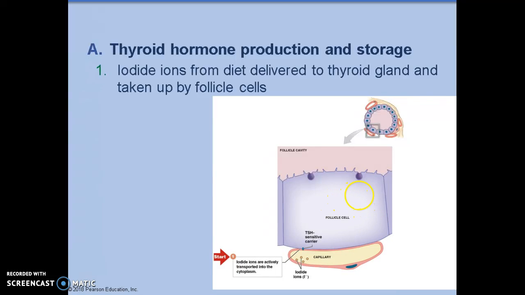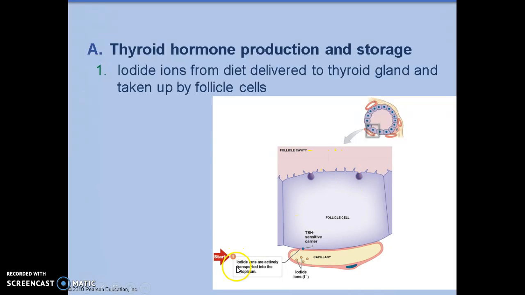So the thyroid hormones that we're going to talk about require iodine, and here we can see, okay, so let's look at what this picture is. So here's our follicle, and it's surrounded by those simple cuboidal cells. So there's our simple cuboidal cells, and there's the follicle cavity.